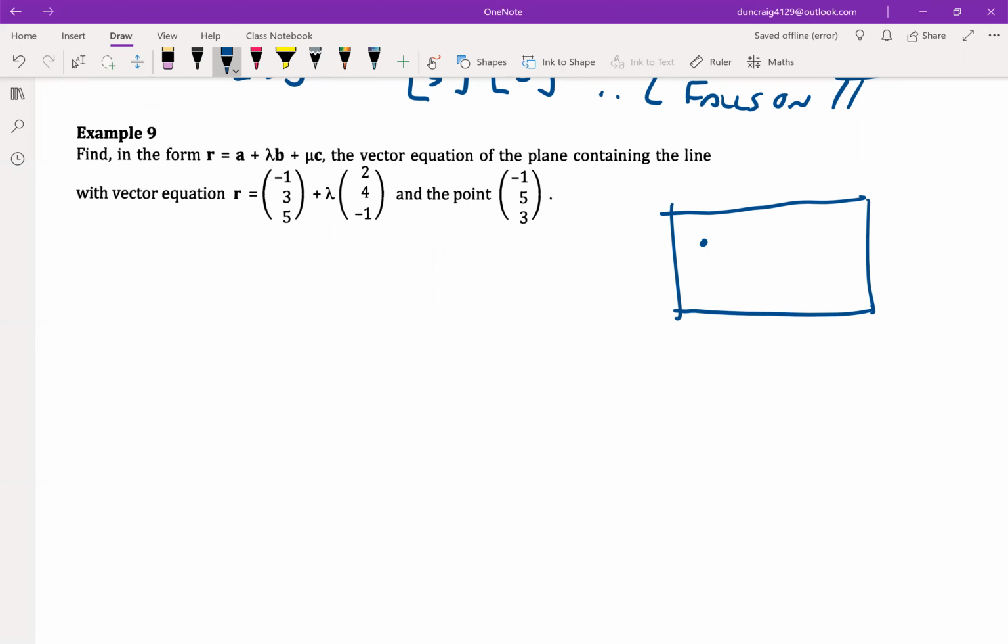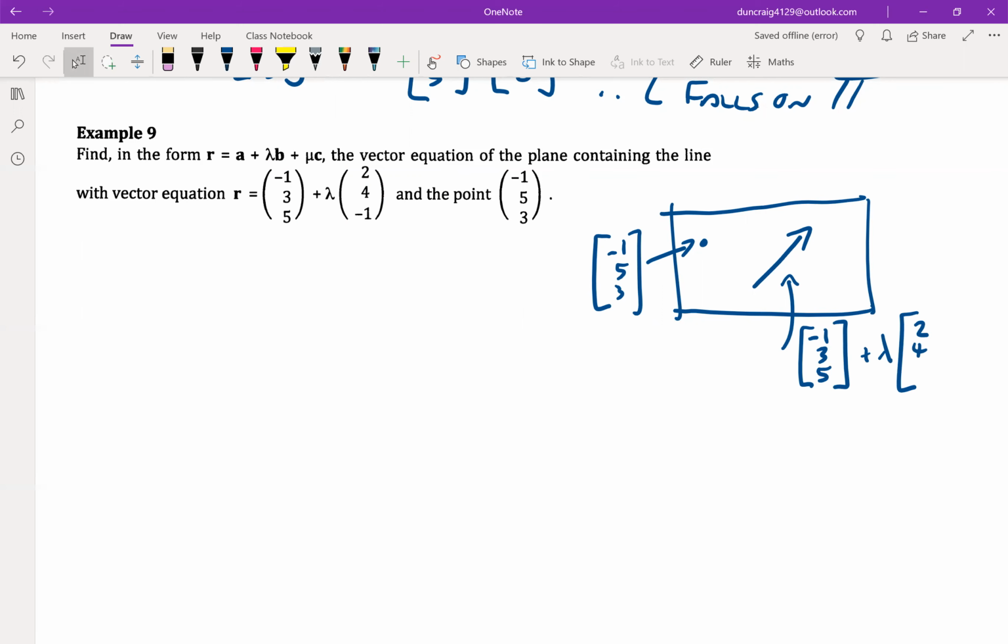We've got a particular point, -1, 5, 3. And then we're also going to have a line which is defined by -1, 3, 5 plus lambda -1, like so.